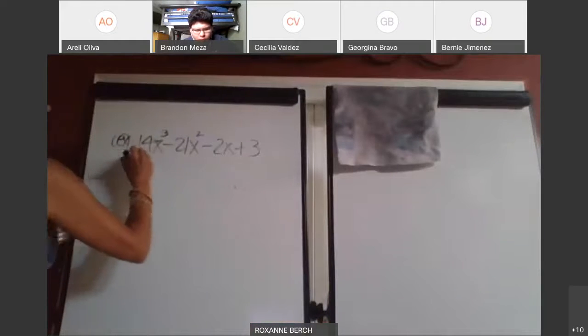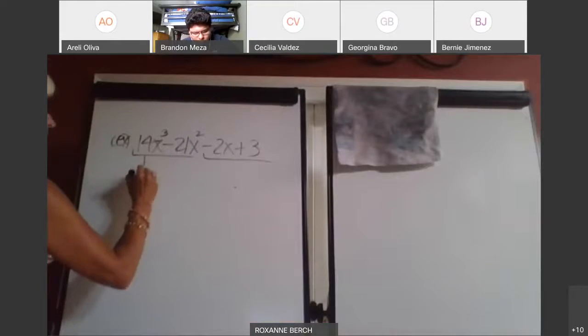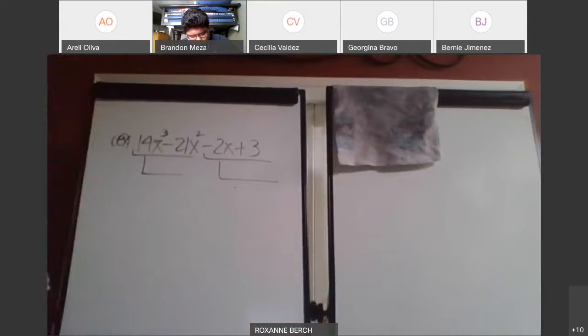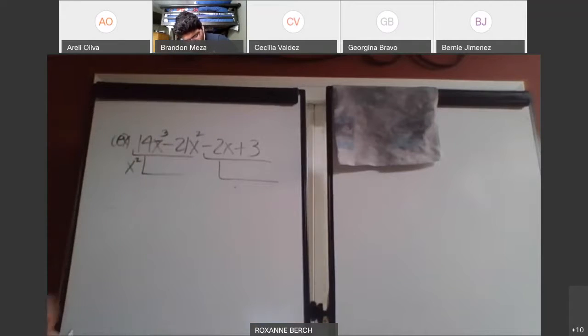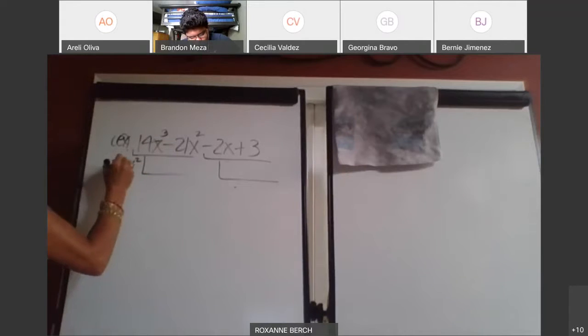All right, so we're going to try grouping here. And remember, when you do grouping, you make 2 cakes. So what you do is you look at the first cake and you just say, what's common? Well, we know that an x squared is common, right? And isn't a 7 common with those 2 numbers? Bernie, do you see that? A 7 is common? Yeah, I'm seeing it. Okay.